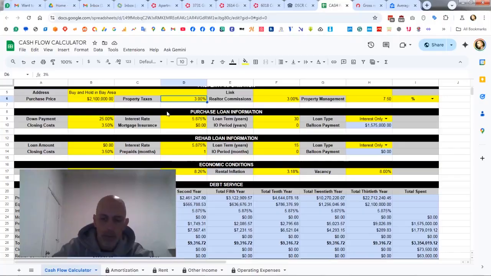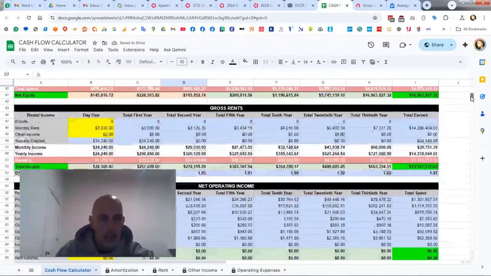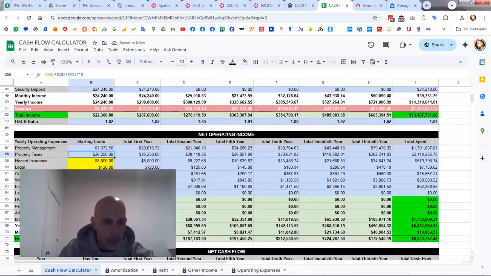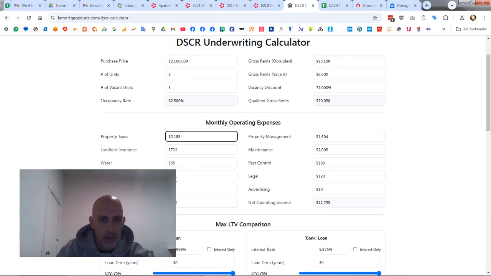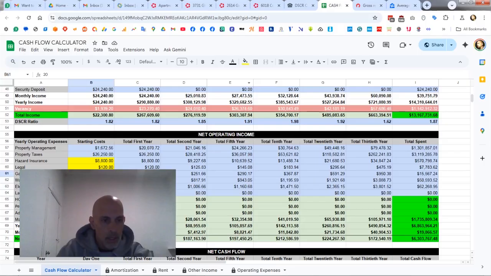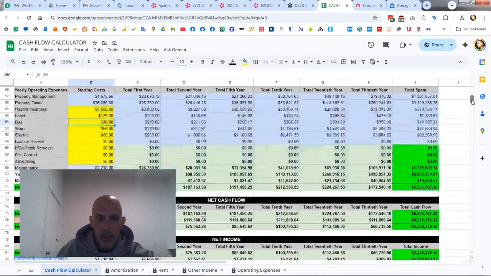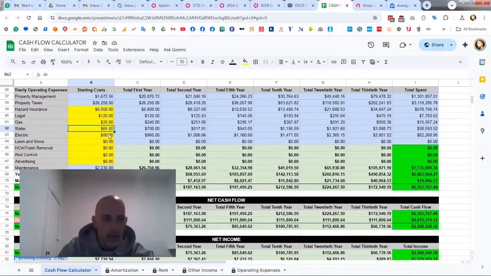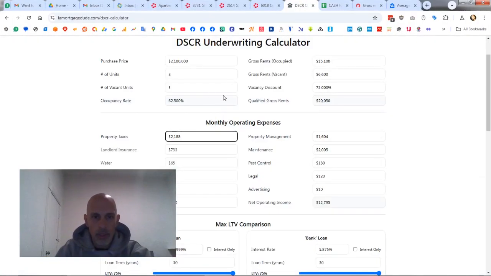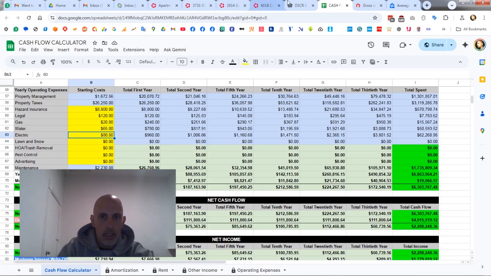Oh, there's 3%, 1.25% right there. So now property taxes are correct. Let's see what we have for gas here. $20. Water is 65. What do we have for electric? We have 80.